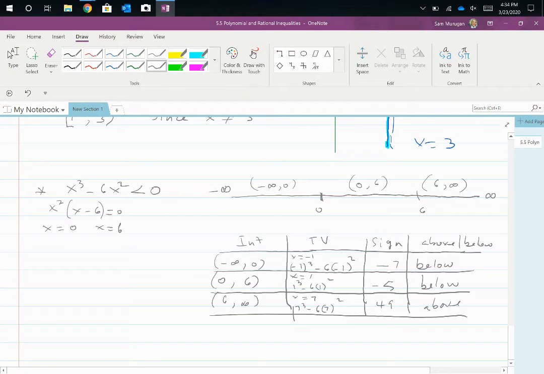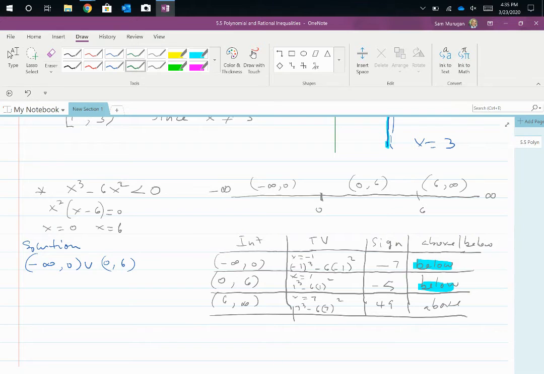So the question is asking about less than, and to answer it we're looking at the two portions that are below the x-axis: from negative infinity to 0, and from 0 to 6. In other words, these two right here below.